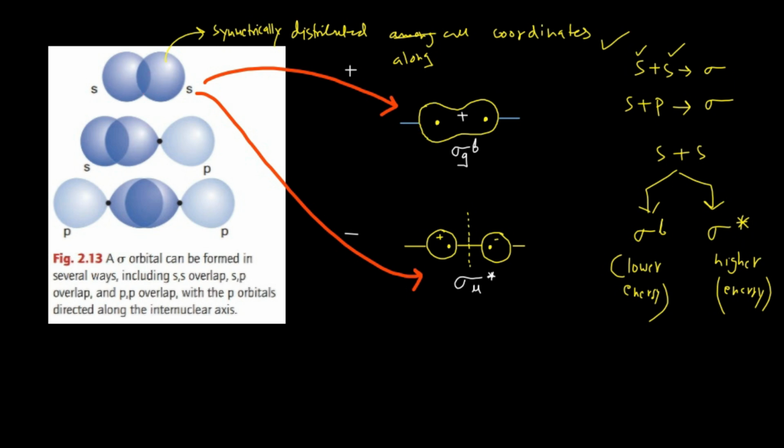This is the nucleus, this is the nucleus, and this positive charge shows that it is constructive interference. And whenever constructive interference is there, you have a bonding molecular orbital, so I have written B over there.